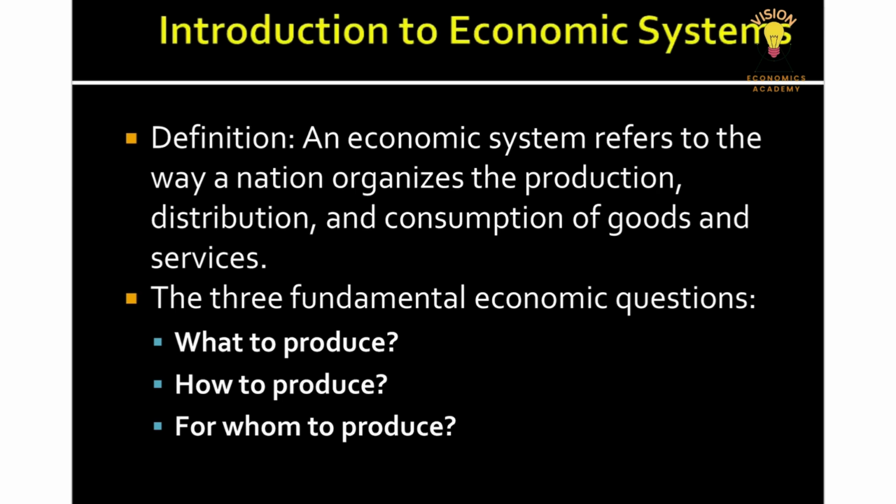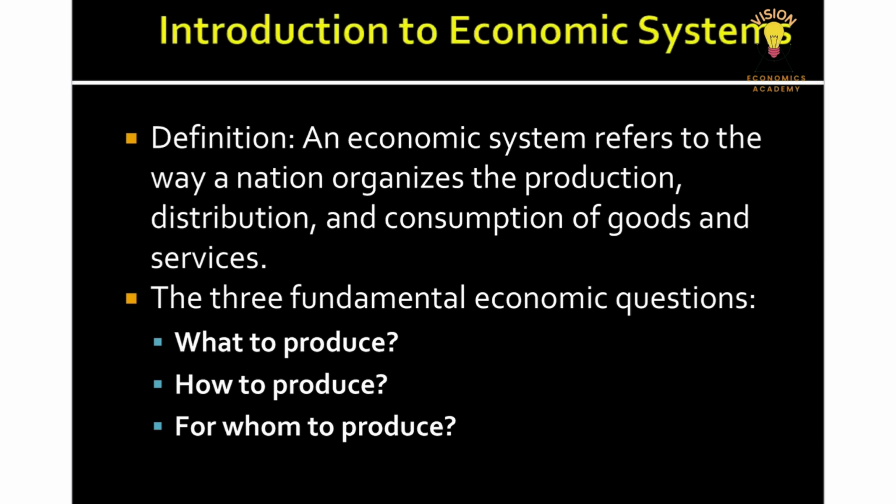Before venturing into the economic history from the 4 decades, 1950 to 1990, we should know what an economic system is. An economic system is the way a nation organizes itself, right? For the production, distribution and consumption of goods and services.